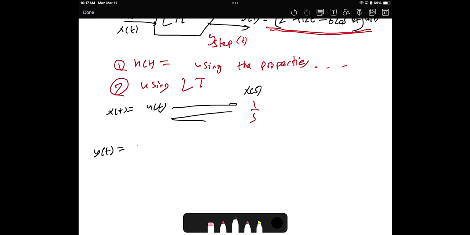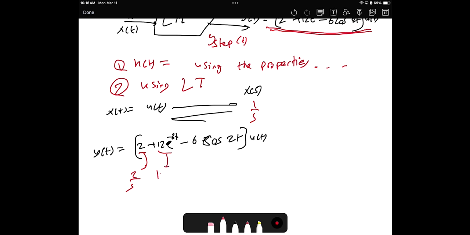We have it as 2 plus 12 e power negative 3t minus 6 cosine 2t, all of it multiplied by u of t. So 2 times u of t will be 2 over s. 12 e power negative 3t will be 12 over s plus 3.